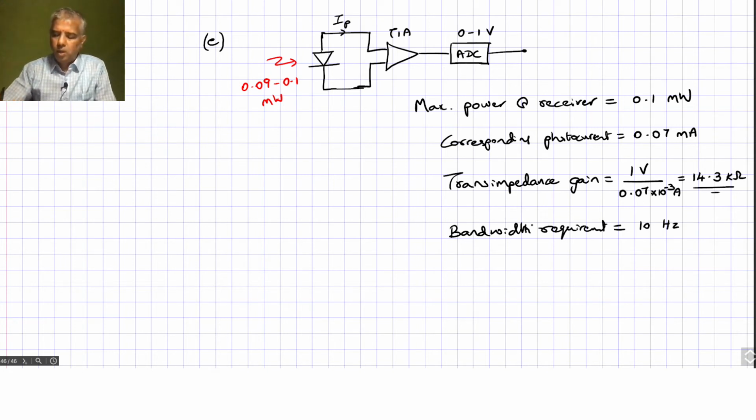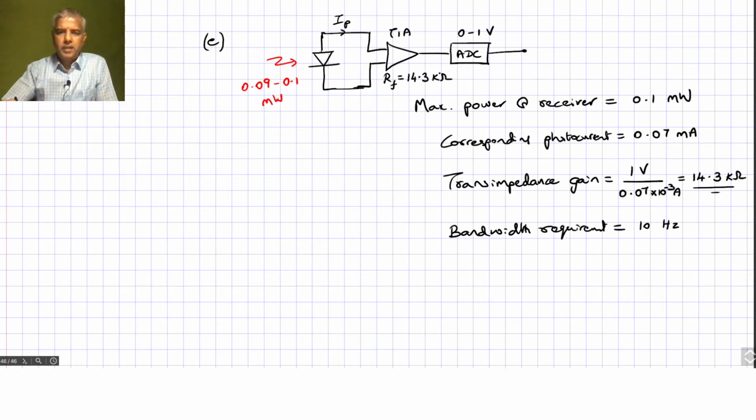That's a low enough bandwidth requirement, so we can possibly get all this transimpedance gain in one OPA 656 stage itself. Okay, so we will say that we have a transimpedance amplifier with 14.3 kilo ohm as the feedback resistance. Okay.